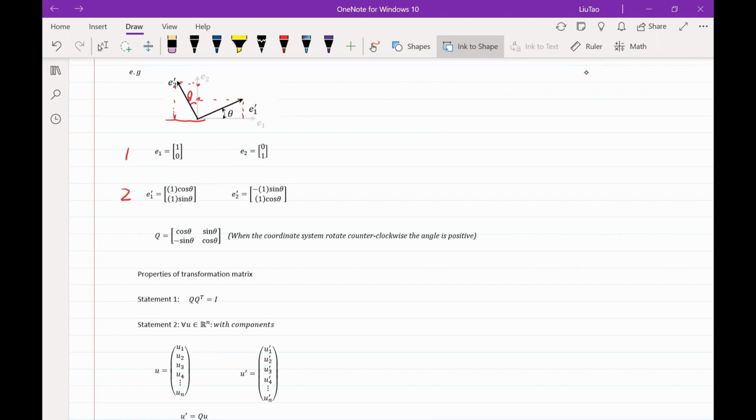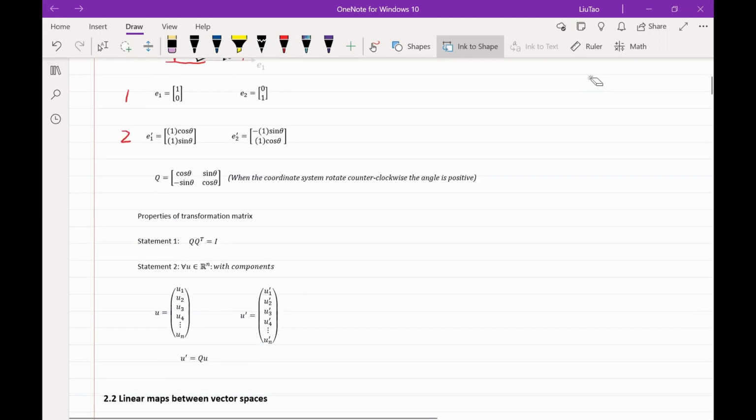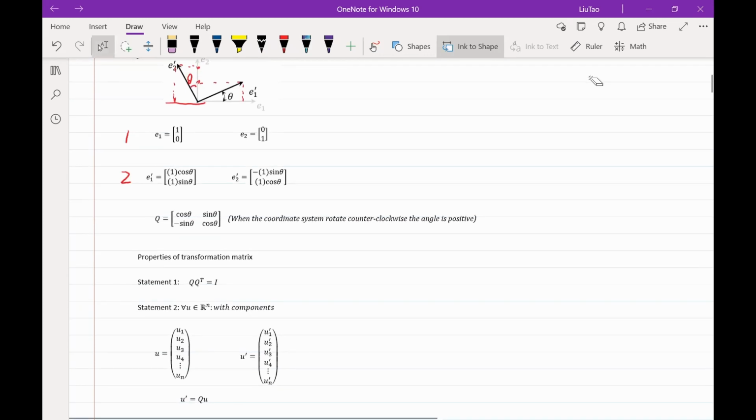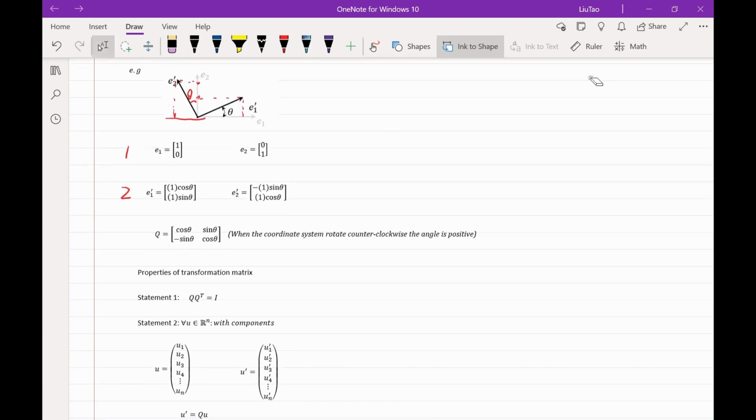Q21 is E2 prime times E1, so it's negative sine theta, and Q22 is equal to E2 prime times E2, so we get cosine theta. The direction of theta is counterclockwise, and we take counterclockwise as positive.